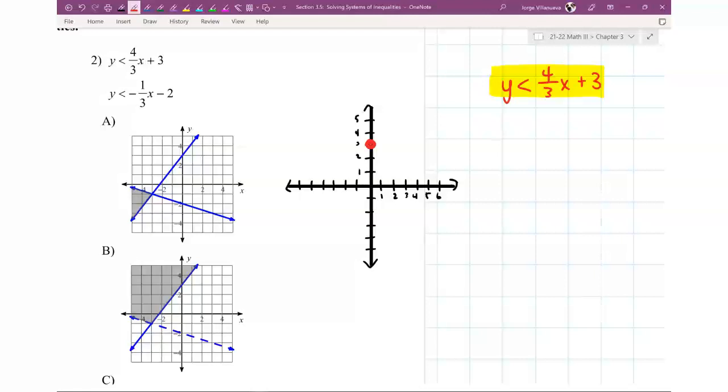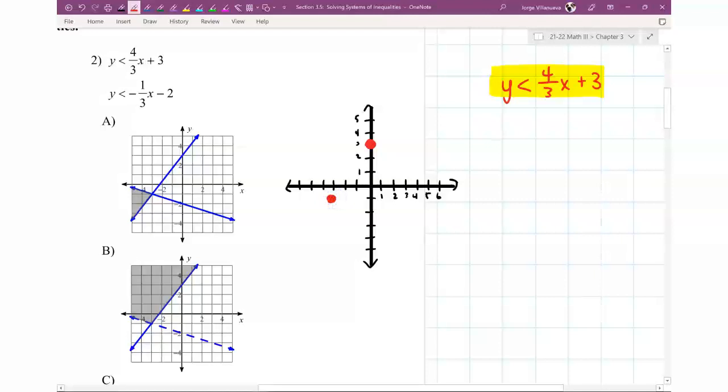Normally, I would go up 4 and to the right 3, correct? Since it doesn't fit in my picture, I am going to do the opposite. I'm going to go down 4 and to the left 3. So 1, 2, 3, 4, 1, 2, 3 right here will be my next dot.